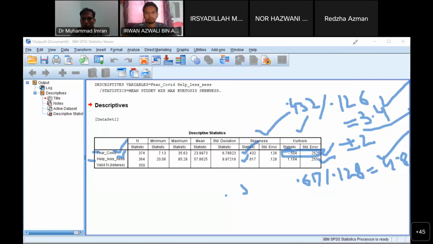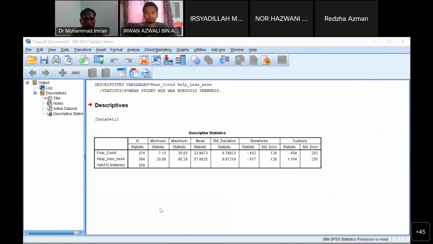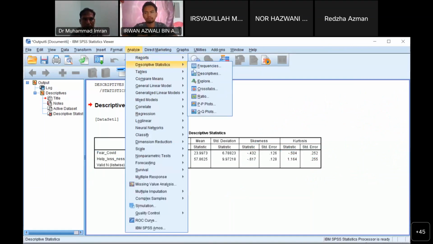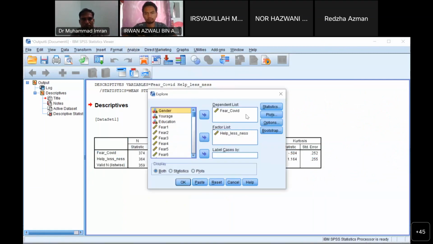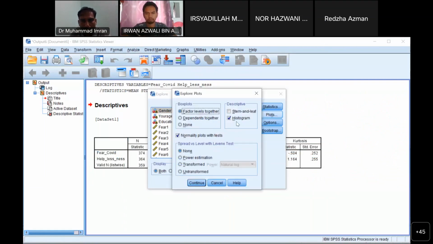Now let's move to calculate the descriptive. Show plots, QQ plot. No, I didn't select the QQ plot. Normality plots with power estimations, stem and leaf. Stem and leaf already.